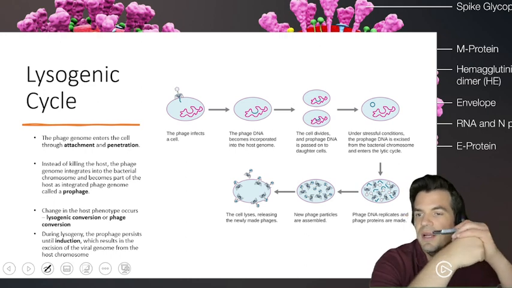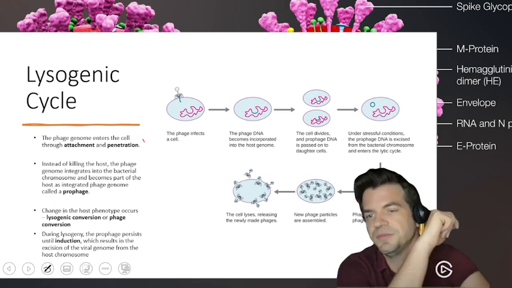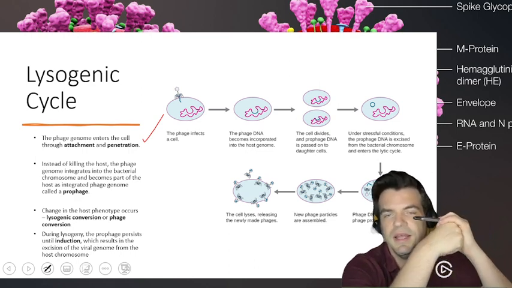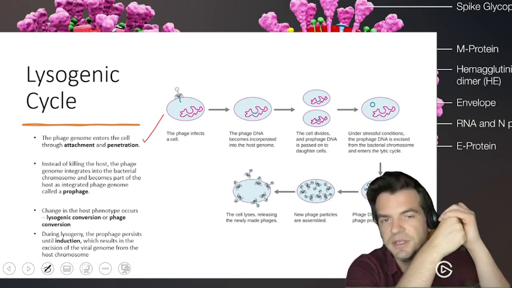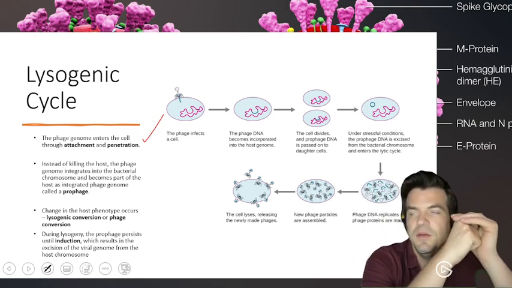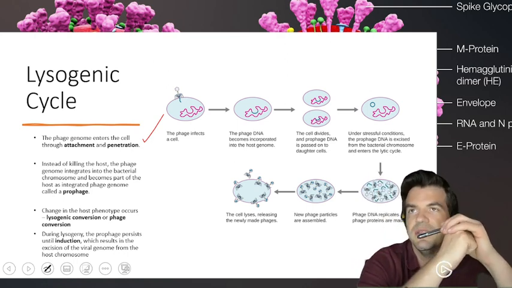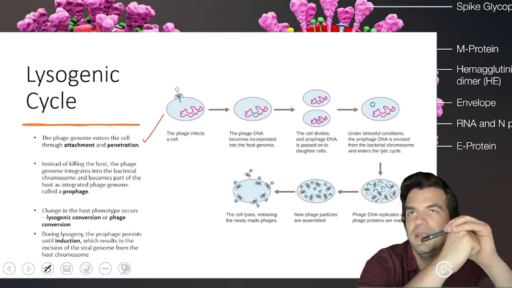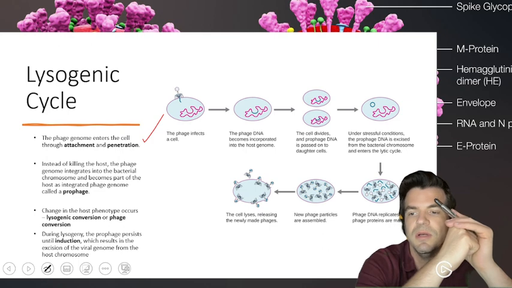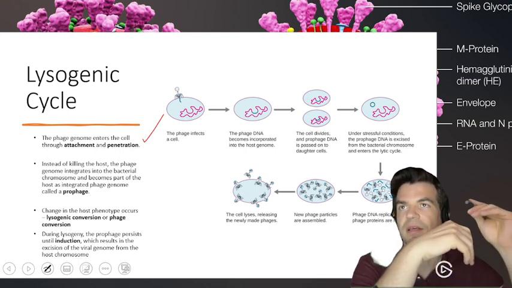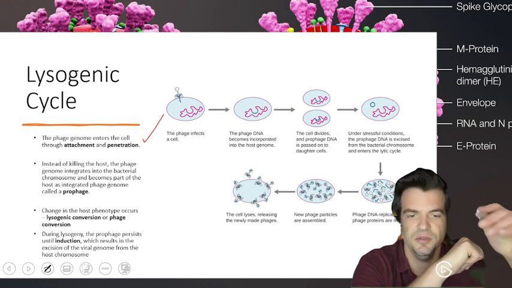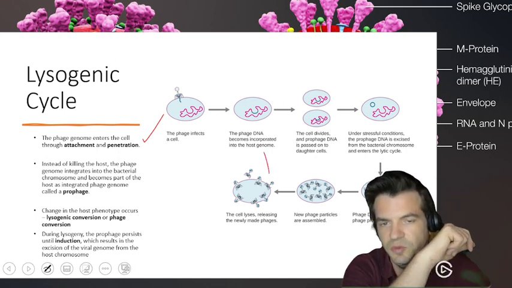You will recognize the first two steps, attachment and penetration. Okay, and then that is when it becomes a little different. It will end up entering the lytic cycle, but for now it is going to become latent. Okay, it won't be available to be expressed to start making these new viruses.